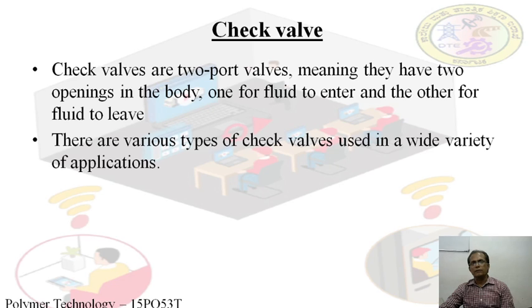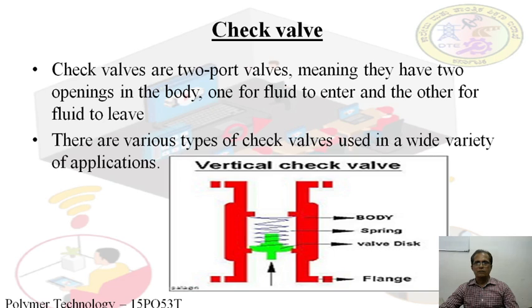There are various types of check valves used in a wide variety of applications. This is a vertical check valve. So the body, here the spring, the valve disc is provided here, and with the help of the flange, this vertical check valve is fitted.